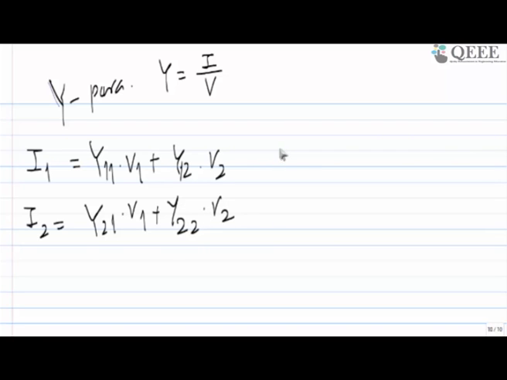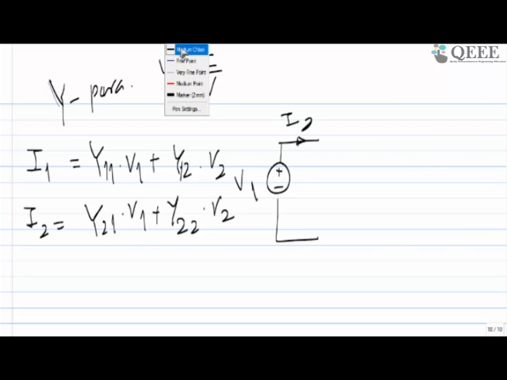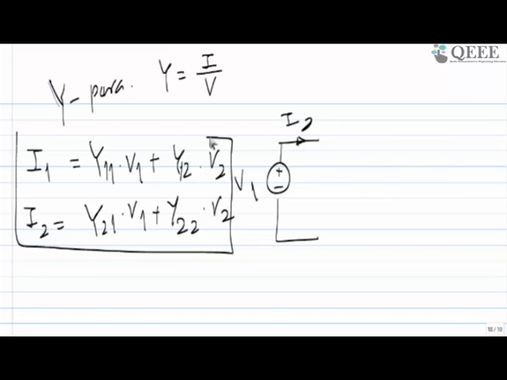So on this side, V1 is available, and I1 is available on this side. Note that both the quantities are currents, so they have to be in parallel.